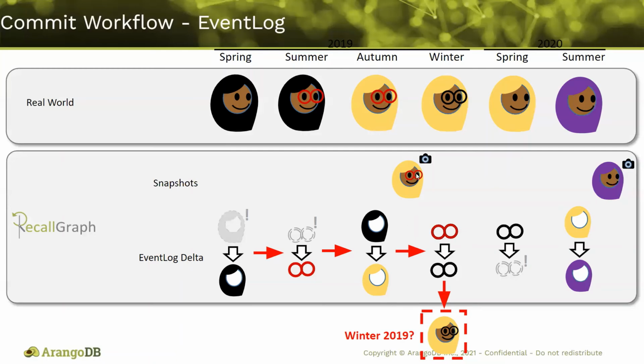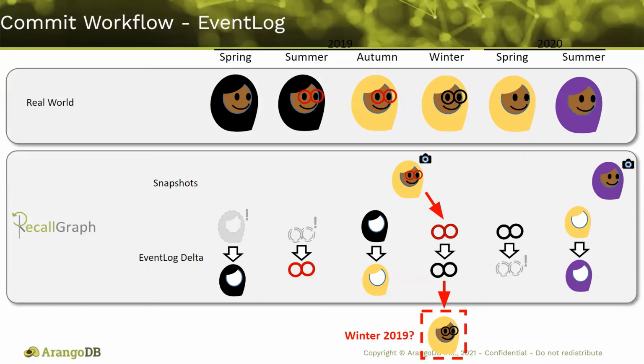In this case, it is this one, wherein she is sporting blonde hair and red glasses. So effectively, that amounts to her autumn look. But from here, you see that we just need to replay one event and we get to her look for winter 2019.